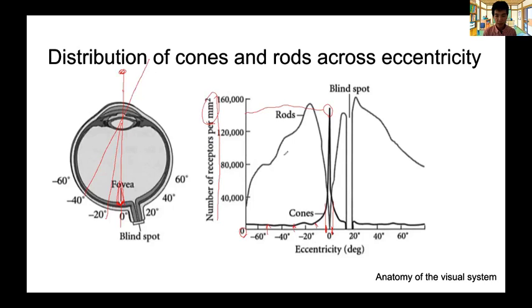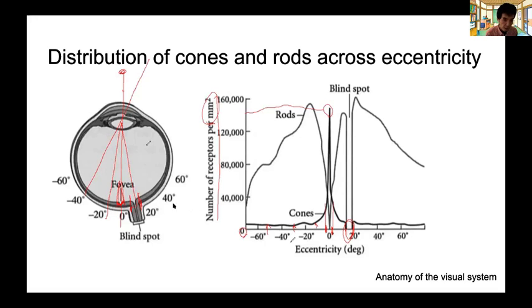Another important thing that we will not go into detail for this week, but next week we will, is this blind spot. So roughly 15 to 20 degrees or so, here on the other side, the nasal side of the eye, has these axon bundles that go out from the eye to the LGN.